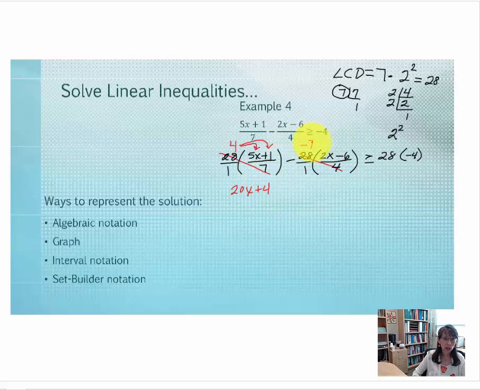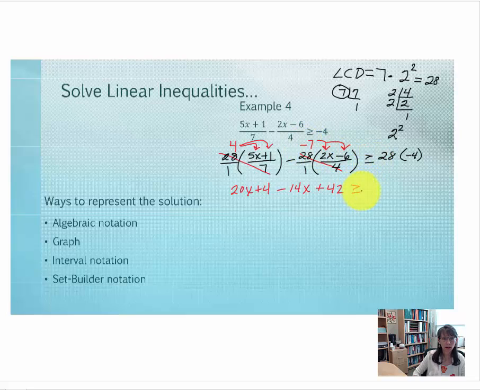For the next distribution, remember it's a negative 7 that I am distributing to each term in the quantity. So that would make negative 14x, and a negative 7 times a negative 6 would be positive 42. And that's typically where the mistake occurs. So do be careful with that negative 7.